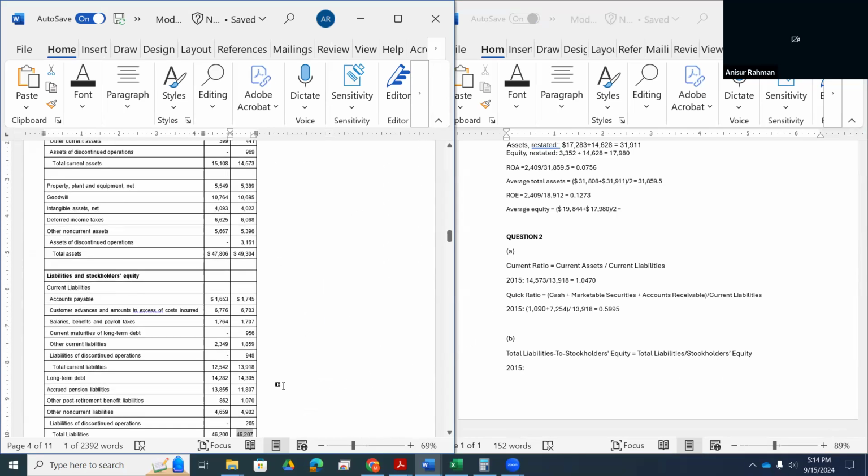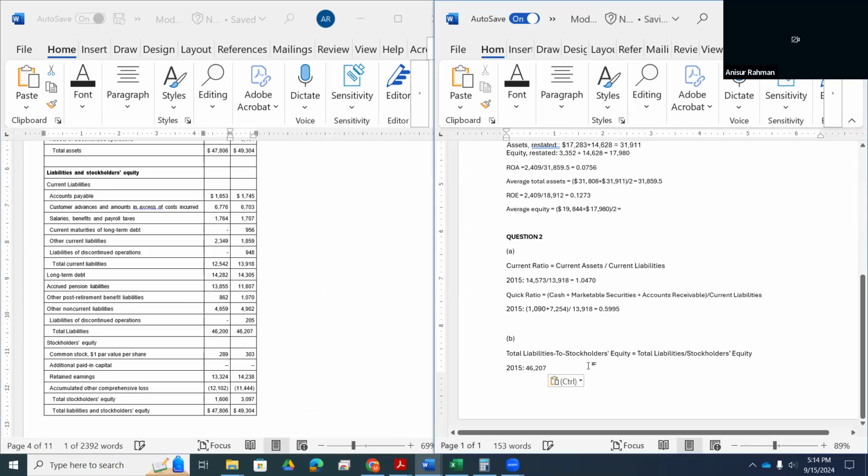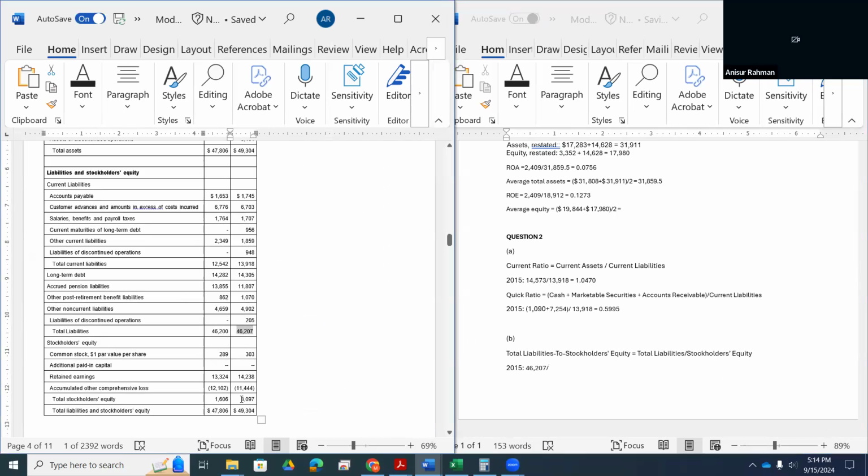So total liabilities 46,207 divided by total stockholders' equity 3,097.